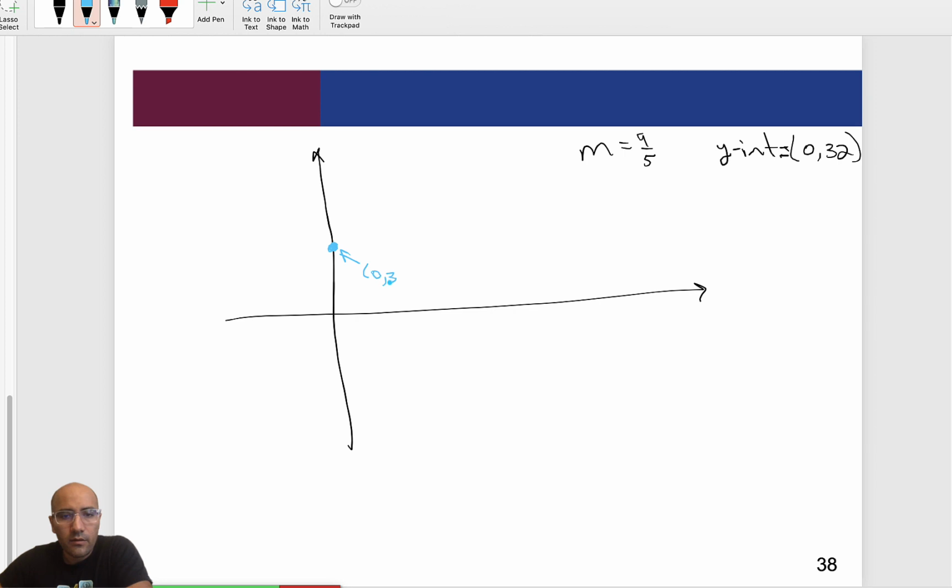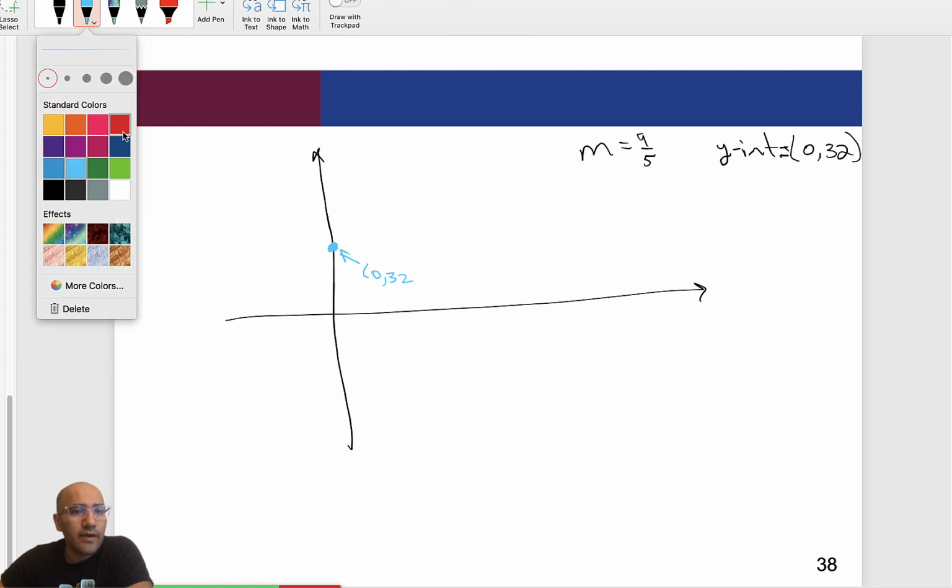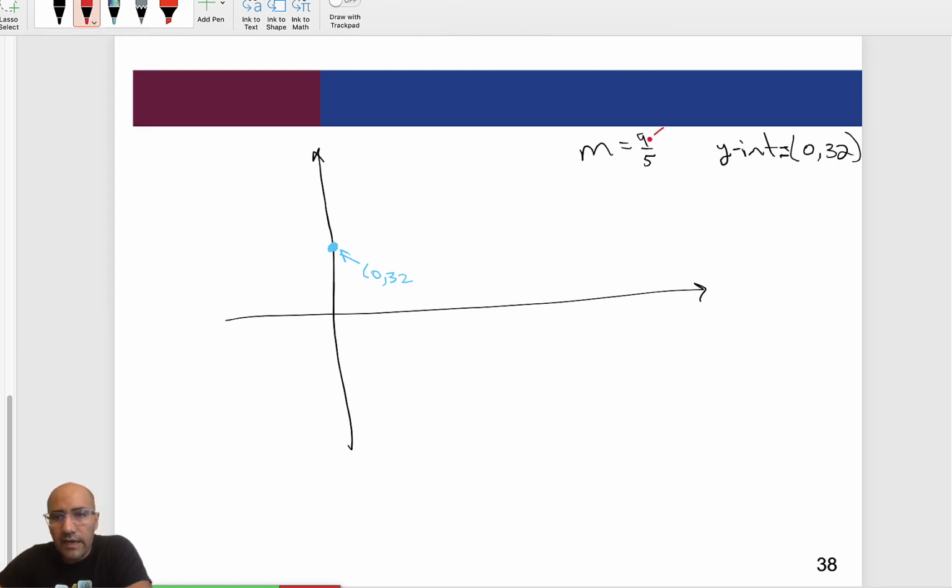(0, 32). And then I can use the slope, having a value of 9/5, to use this as my rise, and this guy as my run. Remember, slope is rise over run. So I can create a little triangle here where I know this is going to go 5 units this way, and this is going to go 9 units this way.